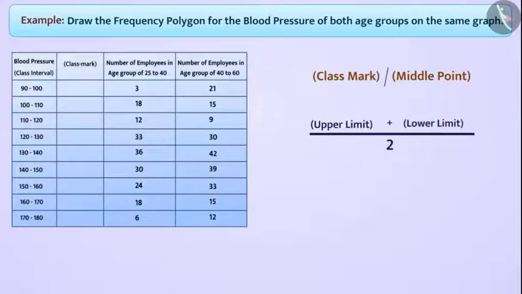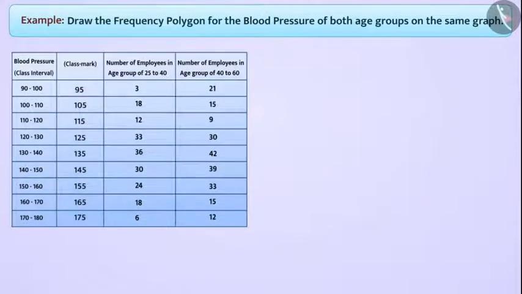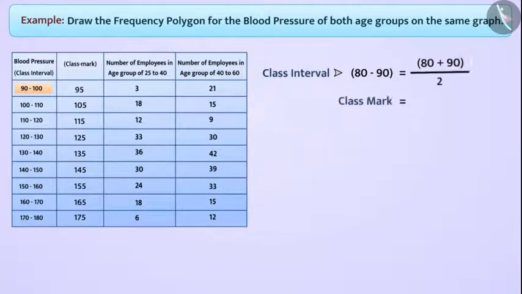Like the midpoint of class interval 90 to 100 is 95. In the same way, we will find the class marks of all class intervals. Now, before taking class interval 90 to 100, we will take class interval 80 to 90 with frequency 0, whose class mark is 85.